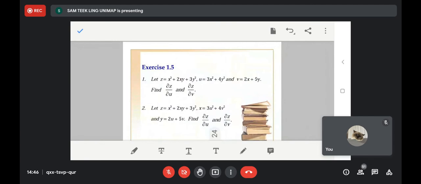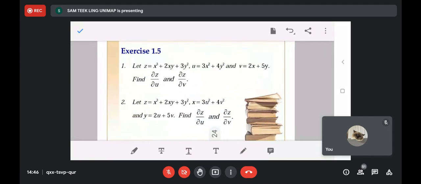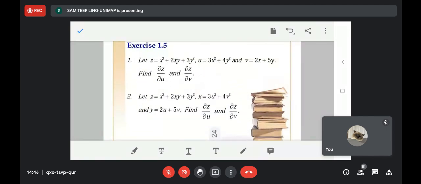So now for exercise 1.5, question 1 and 2. Does question 1 involve an inverse function or not?